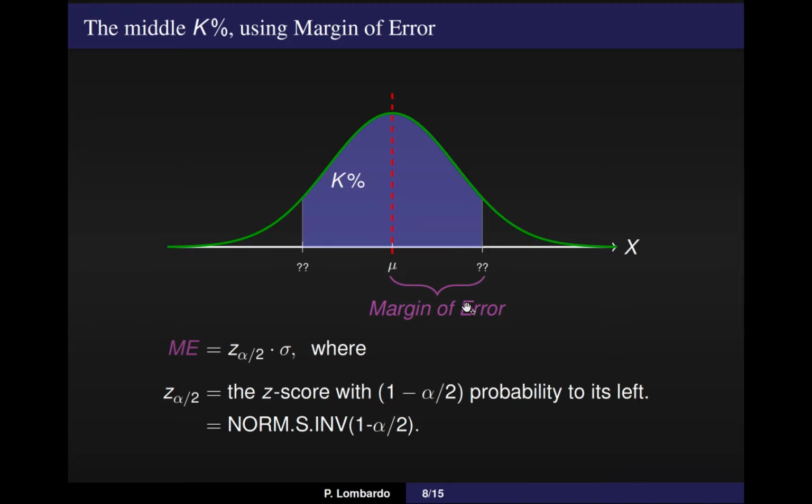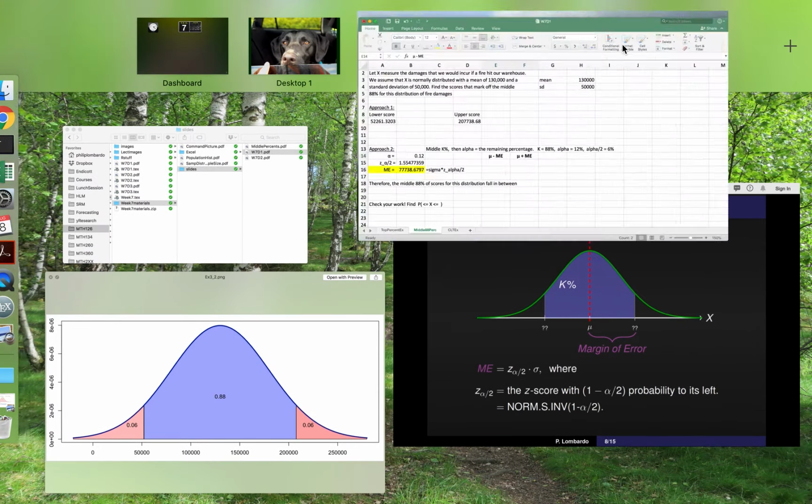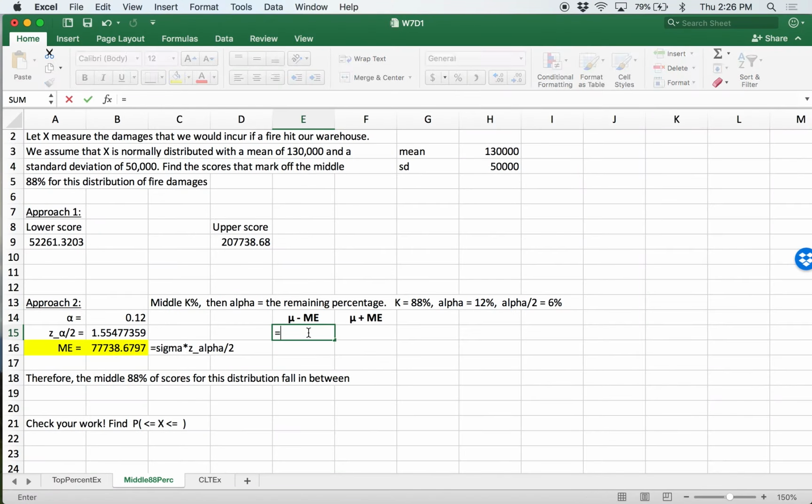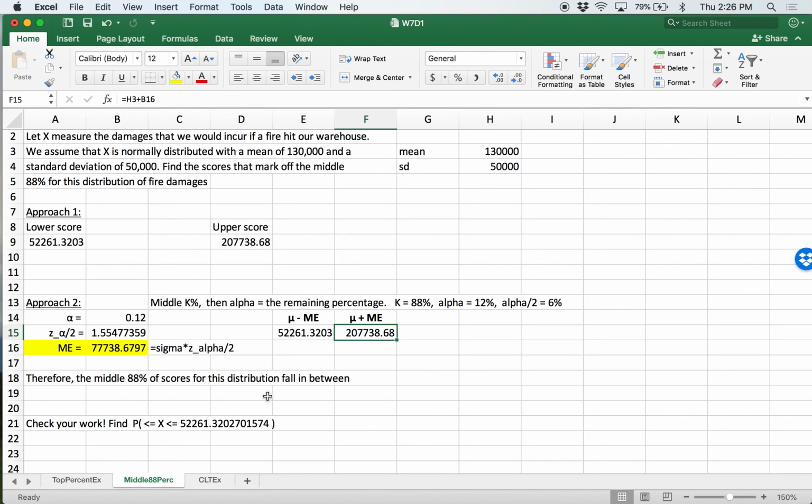If we want the right-hand point, we would add the margin of error we just computed. So we can do this to get the starting and stopping places of our middle 88%. We'll take the mean and subtract our margin of error. And then same type of idea, but this time we're going to add so that we move to the right. And you'll see that we end up with the same lower and same upper scores.